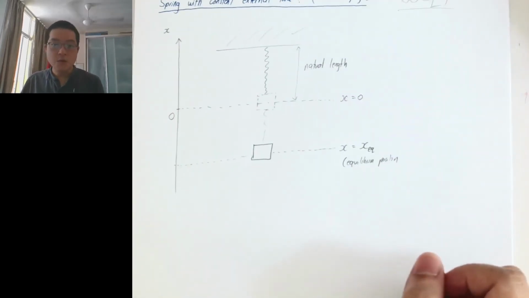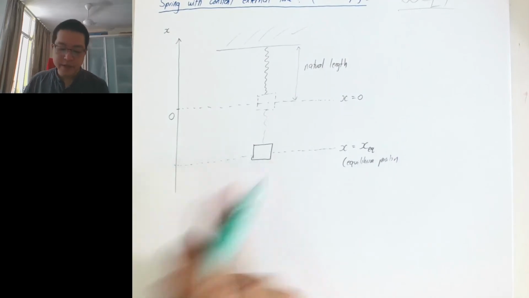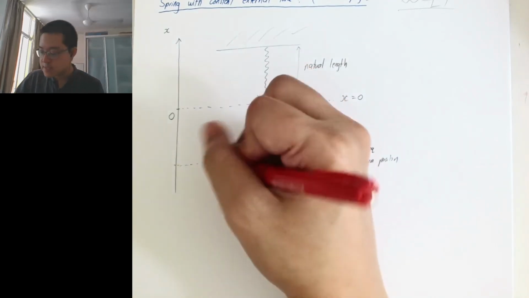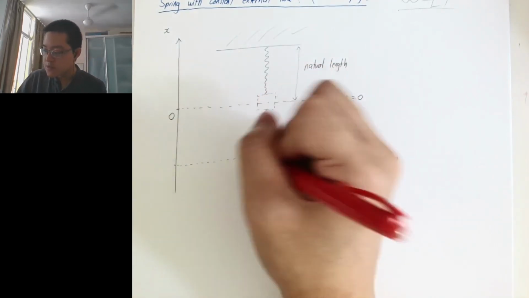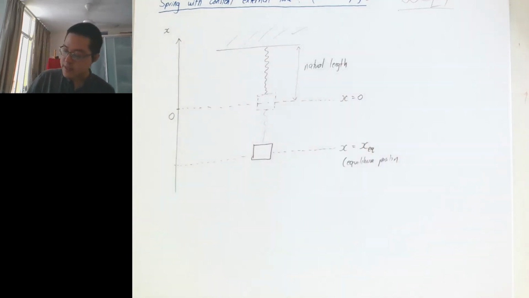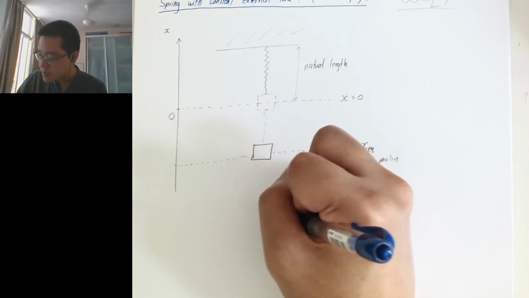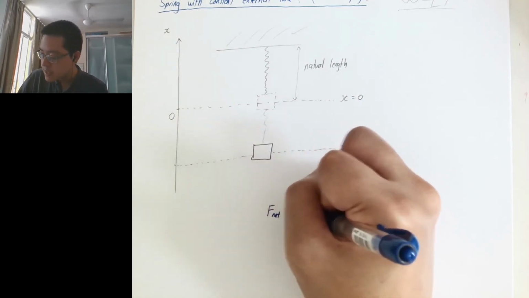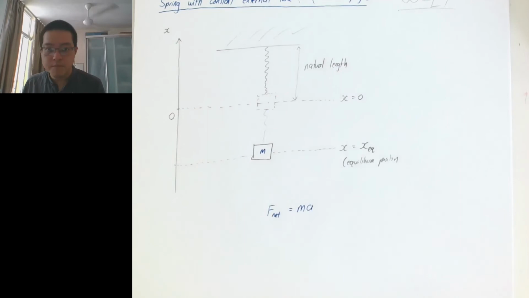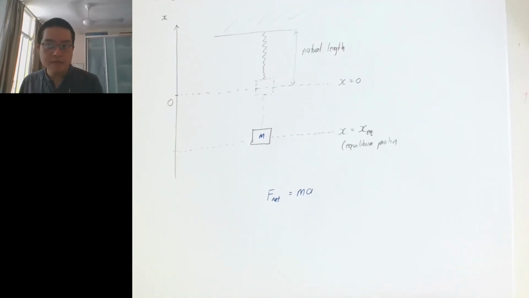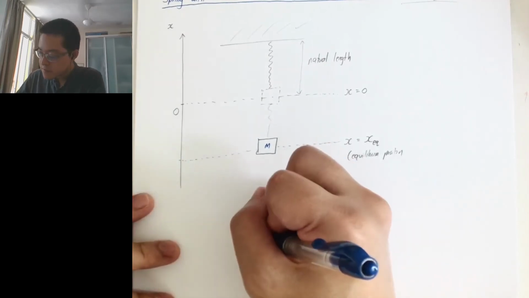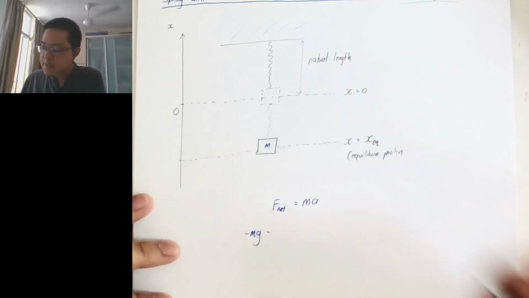So what are the forces acting on the spring? The force acting on the spring is the weight. So the net force acting on the spring, using Newton's law, is equal to mass times acceleration. This is the mass of the block here. What is the net force? There is a weight coming down. Up is positive, and then there is a spring force.